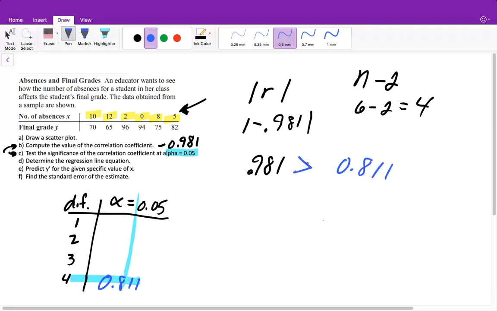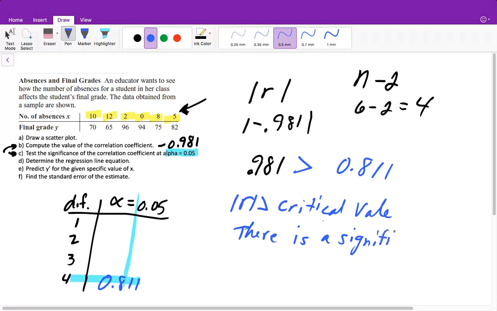And this is greater. When the absolute value of our R is greater than our score, the degrees of freedom score, or critical value, then we say there is a significant relationship.